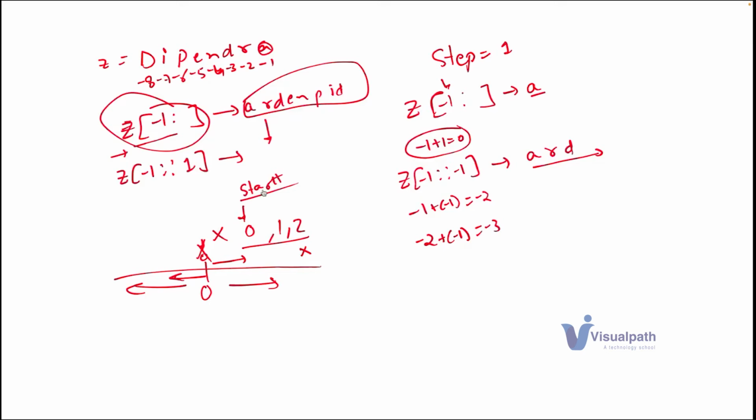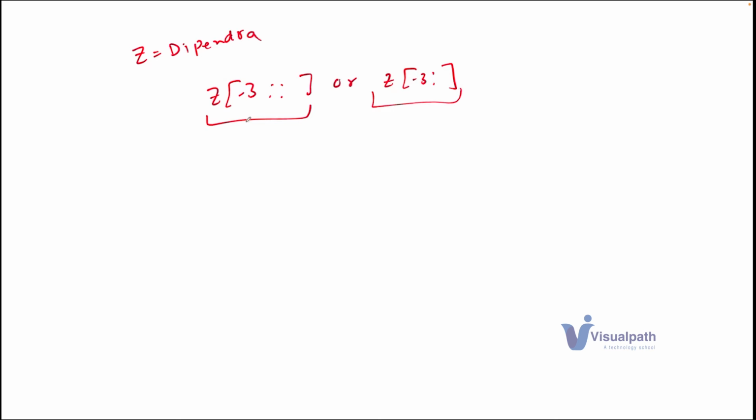Clear, Madhu? Now tell me, if I'm doing z of -3 colon colon, which is the equivalent of z of -3 colon, both are equivalent, just now I showed you. And if z contains Dipendra, then what would be the output for this piece of code?